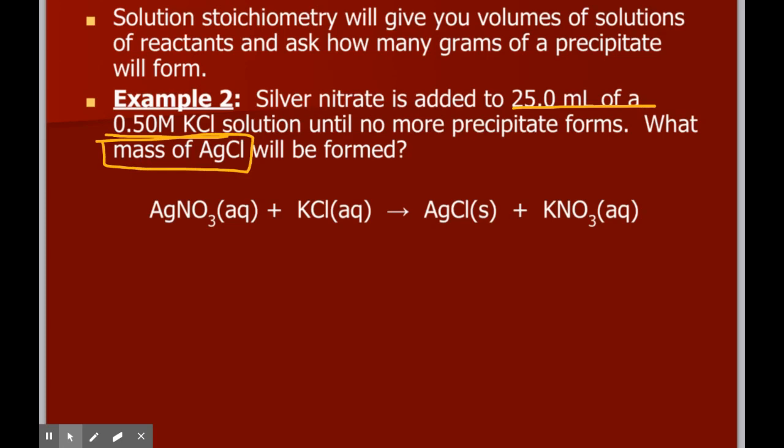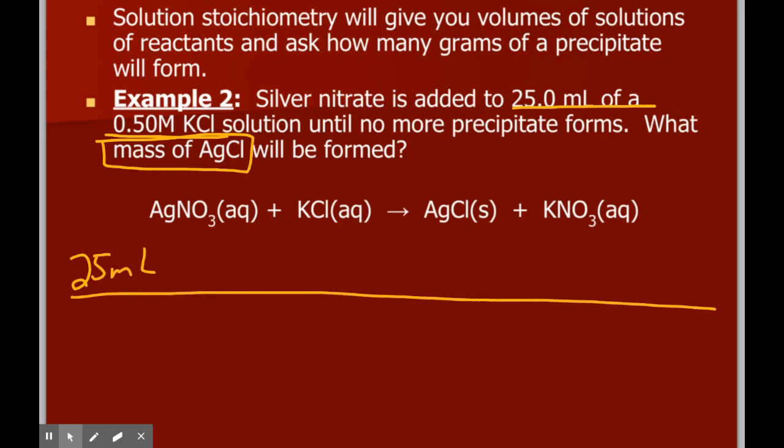So we always want to start with our volume if a volume is given. So 25 milliliters. And remember, again, with molarity, we need to make sure we're in liters, not milliliters. So you want to divide by 1,000.